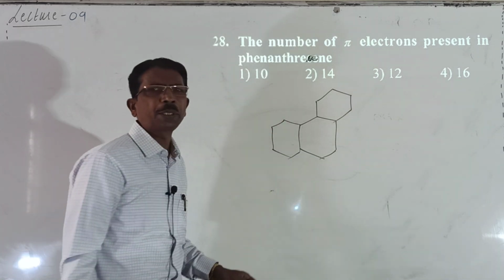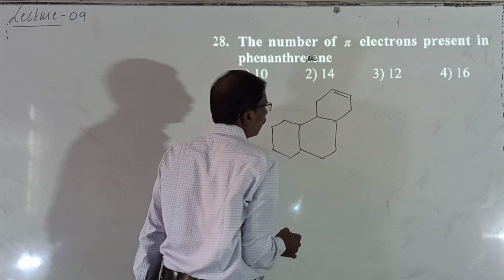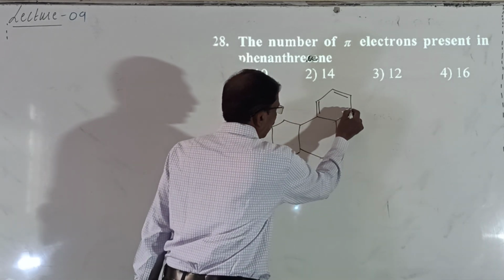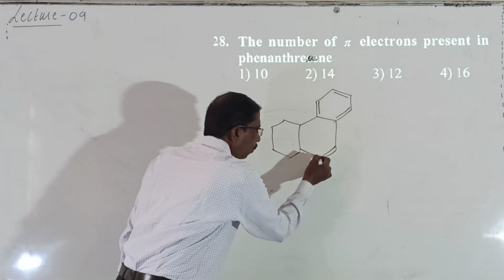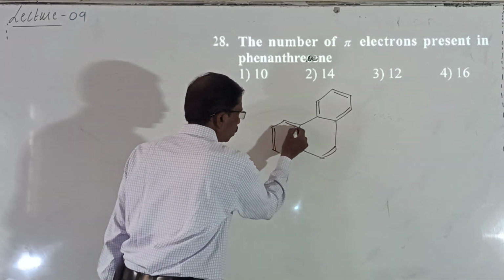This is phenanthrene, and add here the pi bonds. Look here, 1, and add here 2, it is 3, and in the second group you will get only 1, and then in the third one you will get 1, 2, 3.